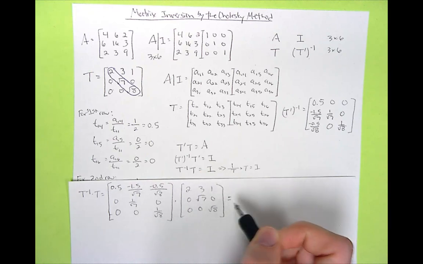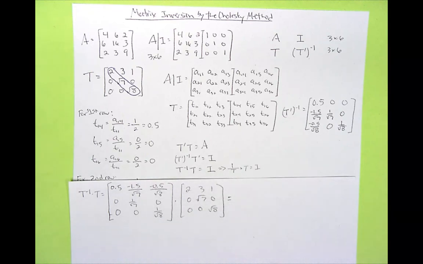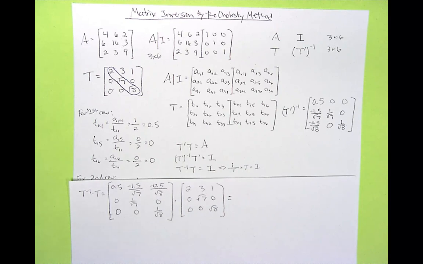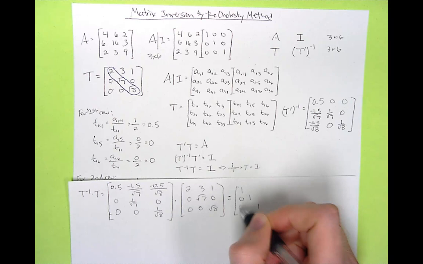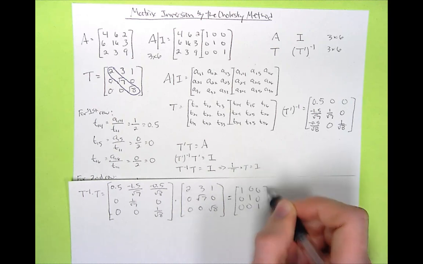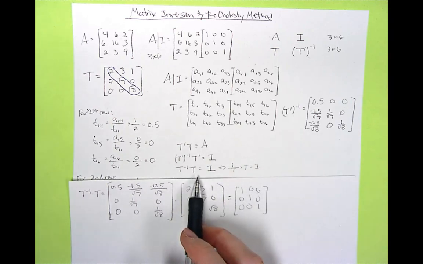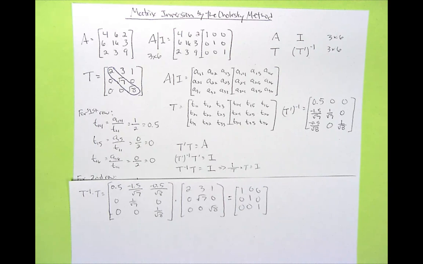And if you work this out either by hand or using Excel or whatnot, you will find that this is equal to the identity matrix. So thus the lower triangular inverse root matrix is the inverse of our original T matrix.